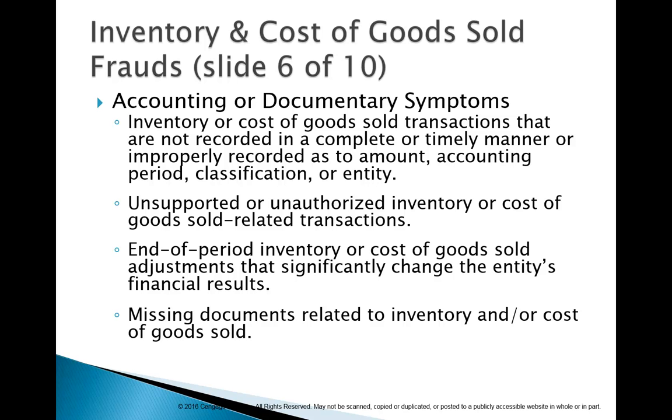So, accounting and documentary symptoms. Inventory or cost of goods sold transactions that are not recorded in a complete or timely manner, or are improperly recorded as to amount, accounting period, classification, or entity. So again, these are things where, when you go back and look at inventory and cost of goods sold transactions, you're not quite sure about the accounting related to that inventory and how that inventory should have been transferred to cost of goods sold.